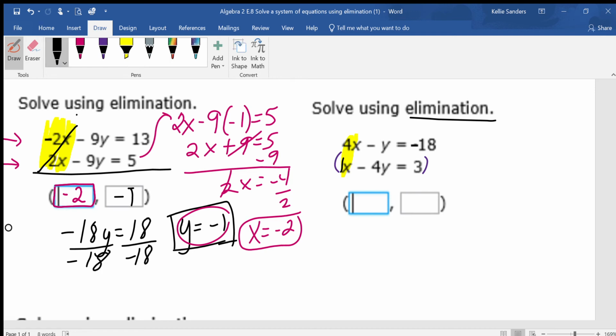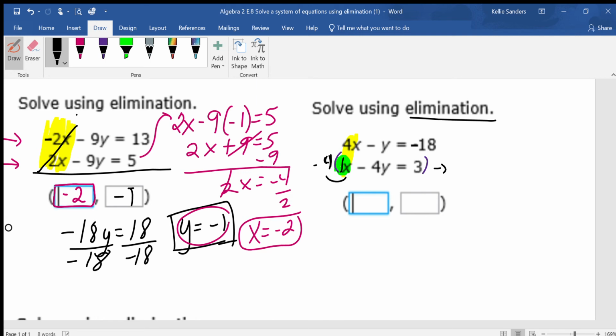And ask yourself, if I am getting rid of the x's, you can multiply easily the 1 by something to be able to get a negative 4. You want this x to be negative 4 because a negative 4 and a positive 4 cancel out. Well, what would you multiply 1 by to be able to get negative 4? Negative 4.